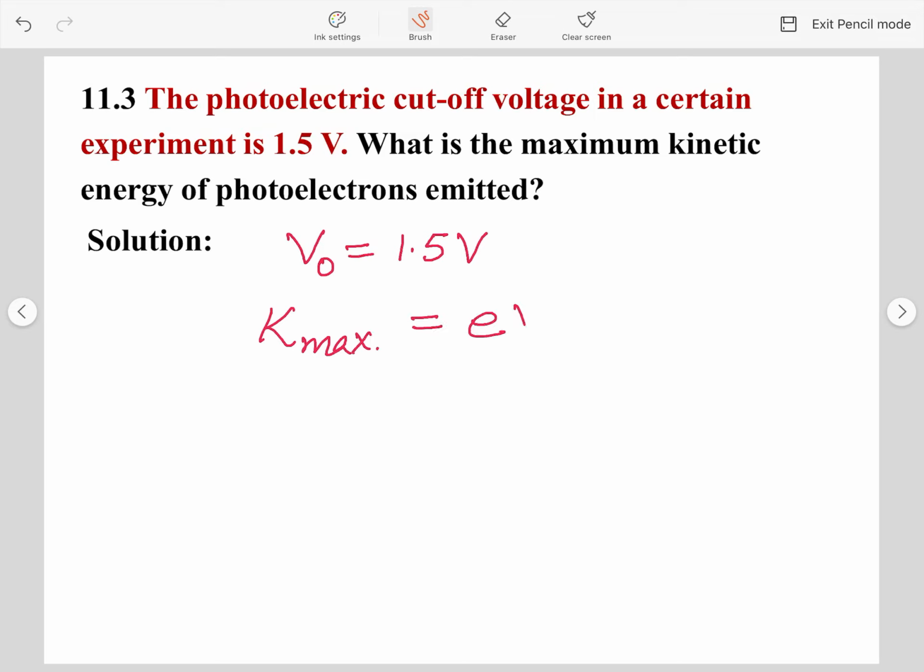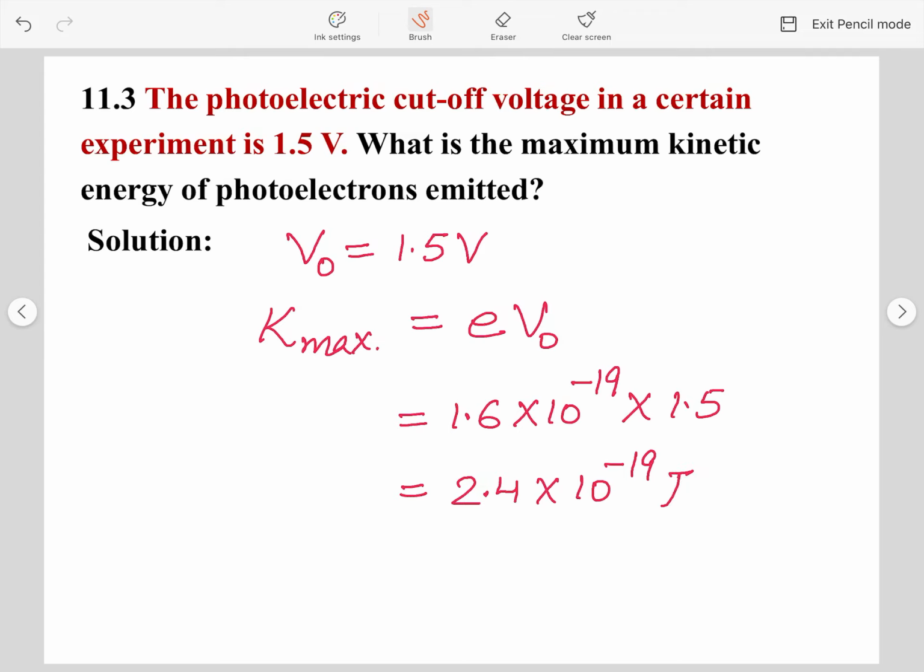The formula will be used eV naught. So put the values. e is 1.6 into 10 raised to power minus 19 into V naught, that is 1.5. Just multiply, we will get 2.4 into 10 raised to power minus 19 joule. This is the answer. The question number third is solved.